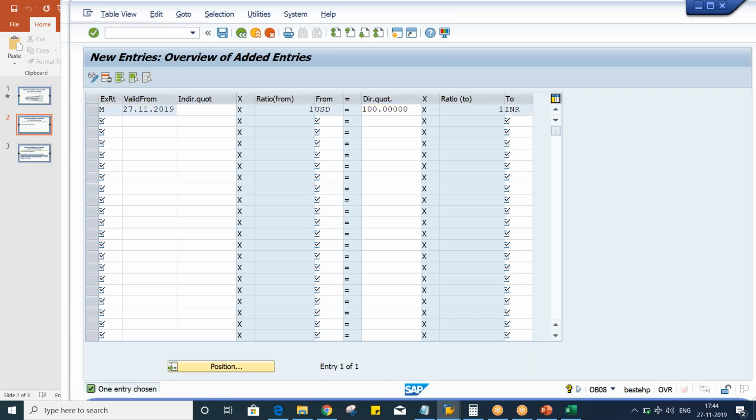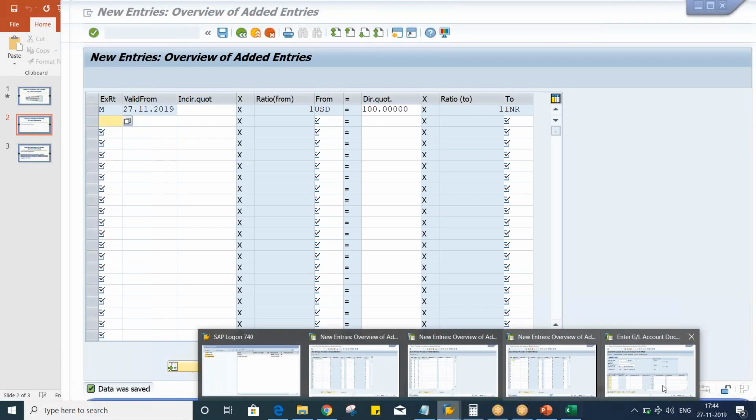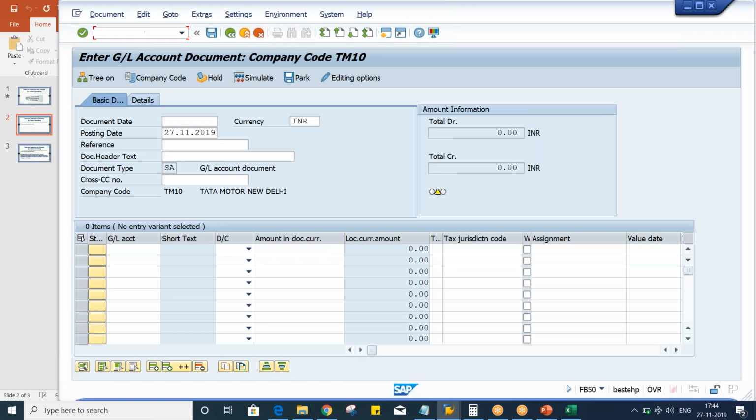Now just save it. Based on that, if you post a transaction here in the current date itself, what is happening, guys? Give a GL account. Any debit or credit we are going to take, and here only 1 USD.